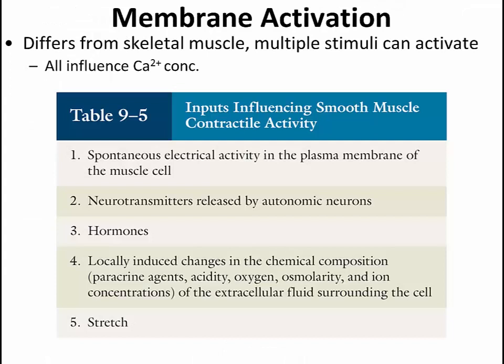A very distinct difference that we see between skeletal muscle and smooth muscle is that multiple stimuli can activate smooth muscle. All of these influence calcium concentrations inside the cell, as you know from our previous discussion, but there are 5 different stimuli that can activate smooth muscle contraction, and there was only one, of course, the arrival of an action potential at a motor end plate, that could initiate skeletal muscle contraction.